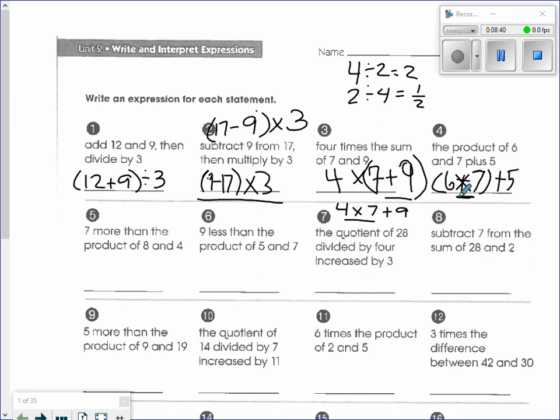That one you don't need the parentheses because you would multiply first anyway. But I just like the parentheses because it kind of points your attention to, hey, I'm doing these first.